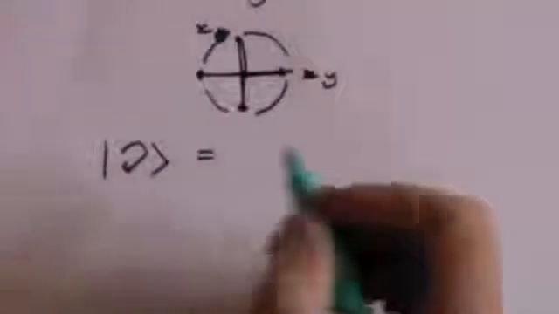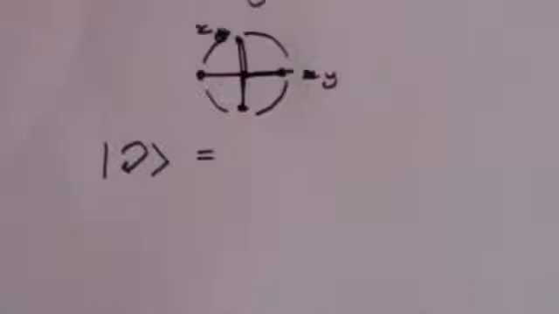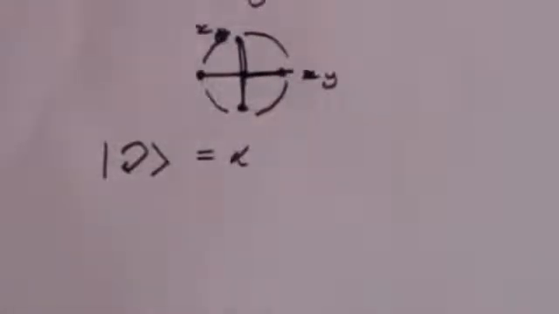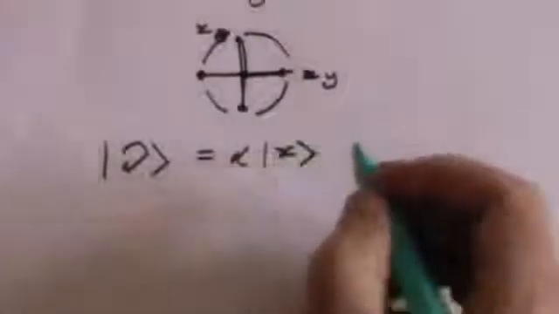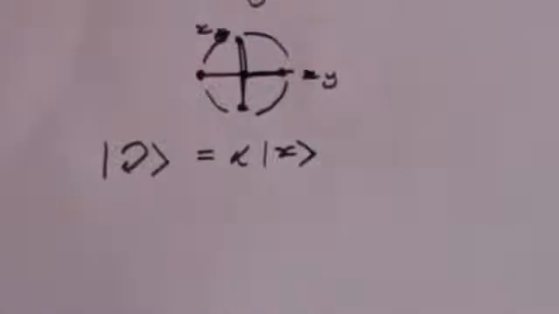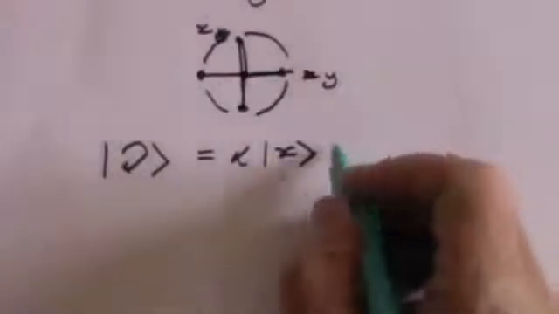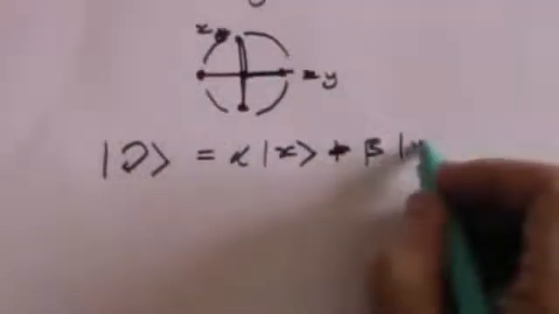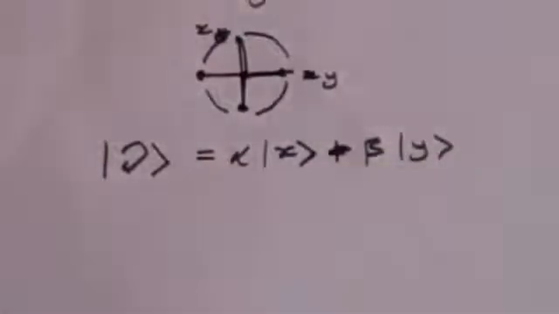And if we go with what we have said in the past, then we would say that the eigenvector associated with that will be some amplitude, the probability amplitude, times the x or horizontal polarization basis vector plus some probability amplitude of going through the y polarizer, or the y basis vector.